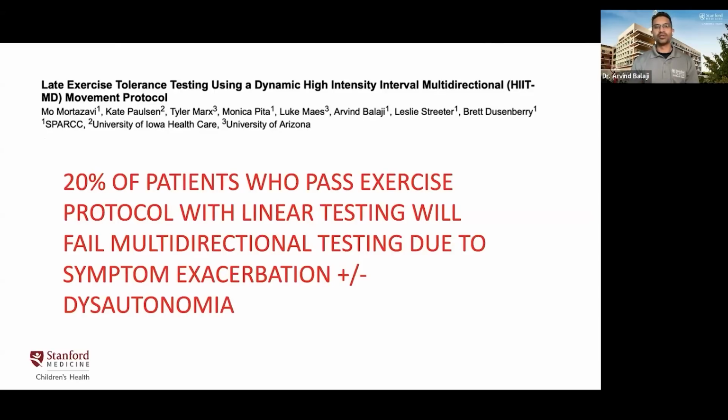However, it's been noted that when those same athletes who can tolerate linear exertion are exposed to an exercise protocol that is non-contact, but now includes multi-directional movement, such as having to balance, quickly stop, change direction, jump, pivot, these sorts of things, which are very sport specific, specifically for high-level sports like soccer, football, and basketball, up to 1/5 of them, although they had no symptoms with linear acceleration, will develop symptoms with multi-directional movement.